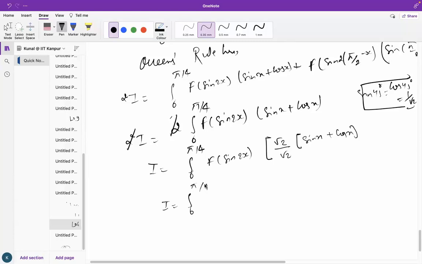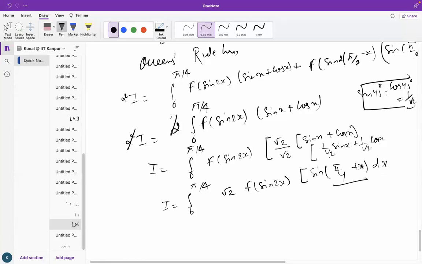So we can write, we are integrating from 0 to pi by 4, root 2 f of sine 2x, and then we get sine of pi by 4 plus x dx. How did I get it? I just used 1 by root 2 sine x plus 1 by root 2 cos x. So we can write this in the form of cos A sine B plus sine A cos B, so we can write it as sine pi by 4 plus x.